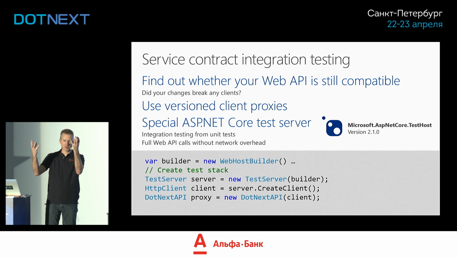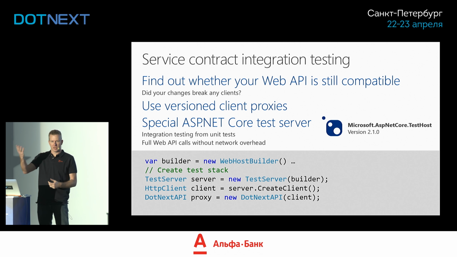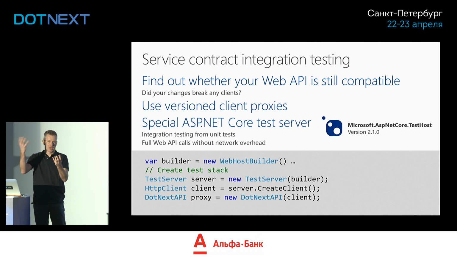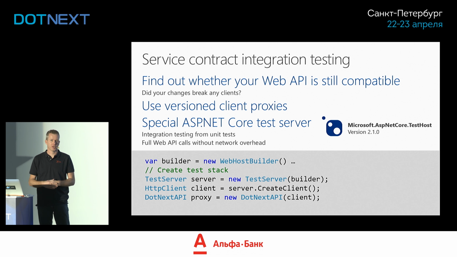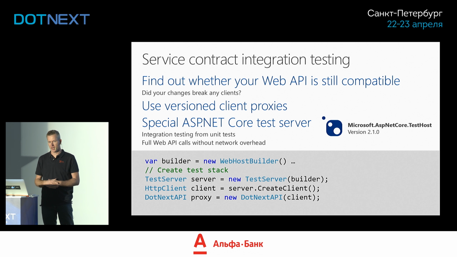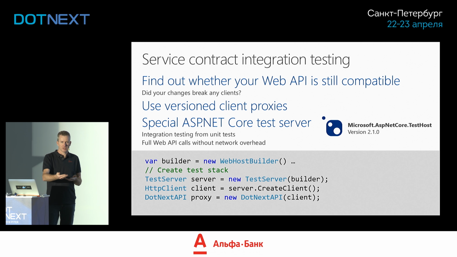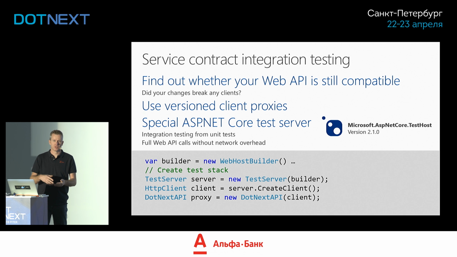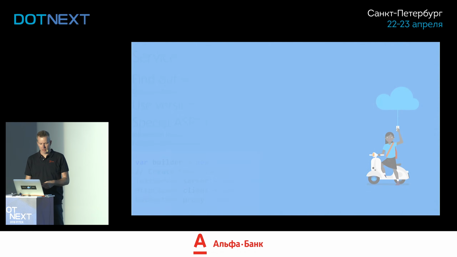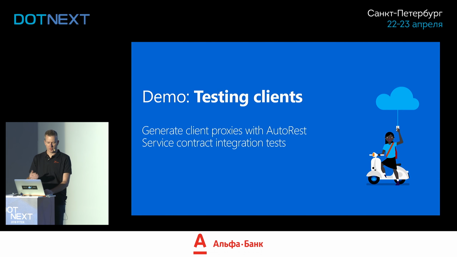If calling from your client SDK to the web API starts returning errors, you know that you broke your contract. So it's a way to test in your build pipelines: did I do bad, or should I start changing version numbers again? We'll go into the details of how that's done in a bit, because there's a lot of stuff that will help you out doing that.